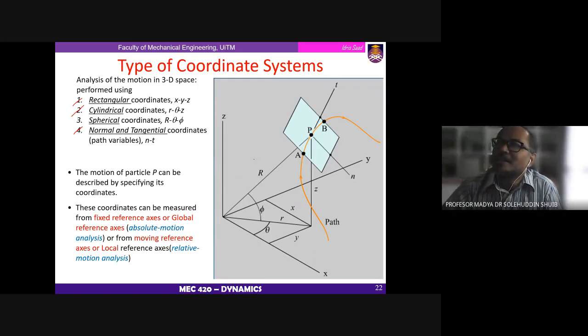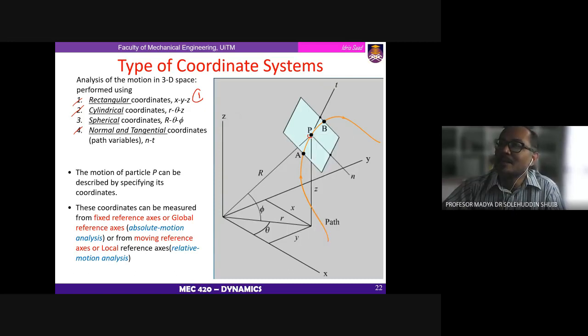This is a different type of coordinate system. We start with the first one. Here, this P is a particle.